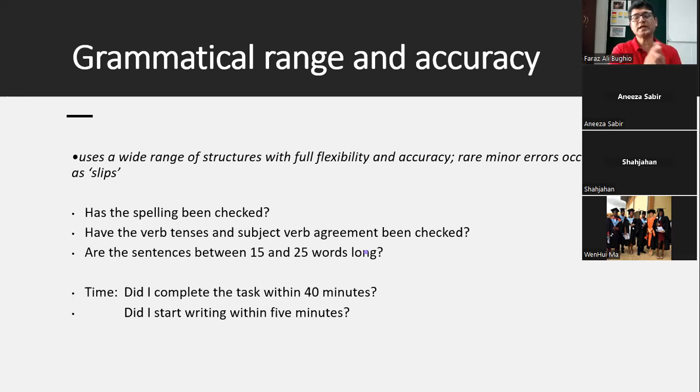She has, not she have. There should also be a variety of sentences, different types of sentences, which include what? Simple, complex, compound, compound-complex, and conditional sentences. You need to learn them, practice them, and use them. And you need to complete your task within 40 minutes.